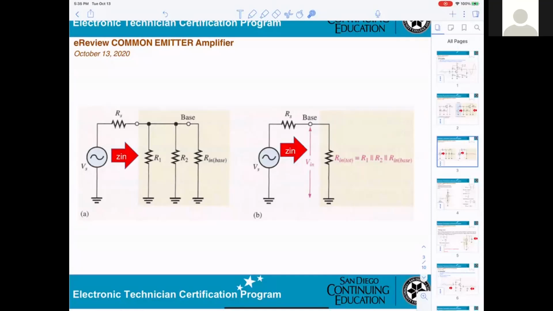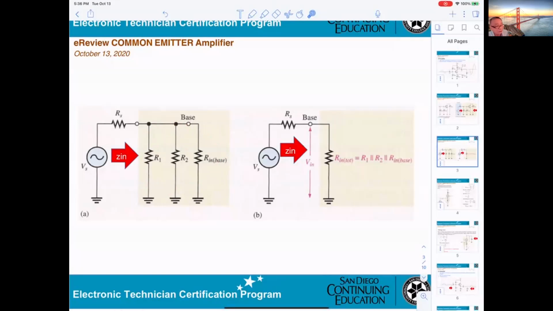I have a question, Mr. Pham. Are we going to consider RS with the R total as the total of R in? When you're looking into the amplifier, they calculate the total resistance for you, right? Yes. And the total will be here: R1 parallel R2 parallel R in base.